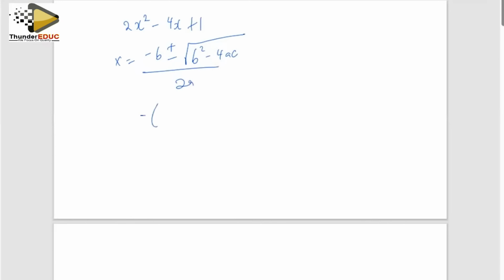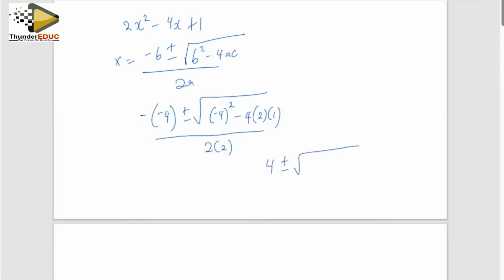So that's going to be negative, negative 4, plus or minus the square root of negative 4 squared minus 4 times 2 times 1, divided by 2 times 2. All right, so simplifying that, I'll have a positive 4 plus or minus the square root. We know that 4 squared gives us 16, minus 4 times 2, that's 8. So 16 minus 8 is going to give us 8, divided by 2 times 2, which is 4.